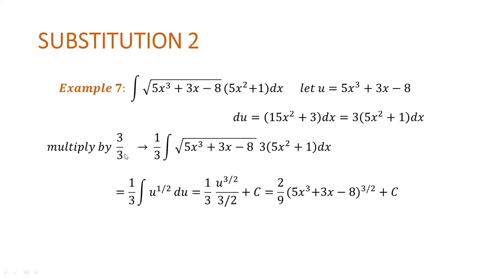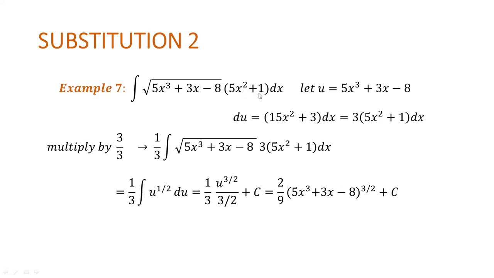For the seventh example, you have the square root of 5x cubed plus 3x minus 8. If this will be our u, the derivative, I know you fully know this, is 15x squared plus 3. This is your derivative. What you have is just 5x squared plus 1.